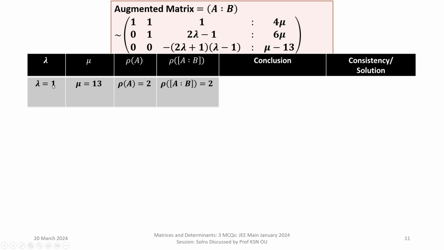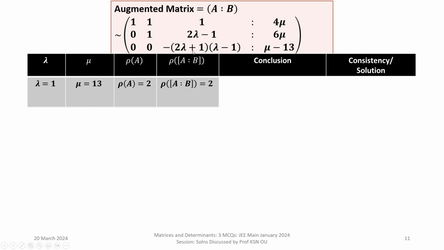Lambda is equal to 1 and mu is equal to 13. Then this will be 0, this will be 0, and this is also 0, so the rank of A will be 2. And mu is also equal to 13, so this is 0.